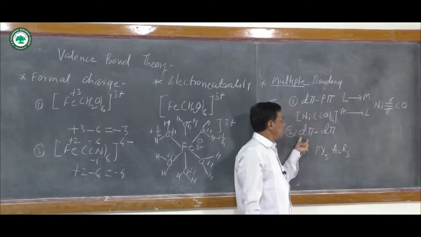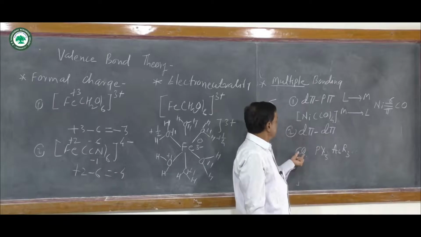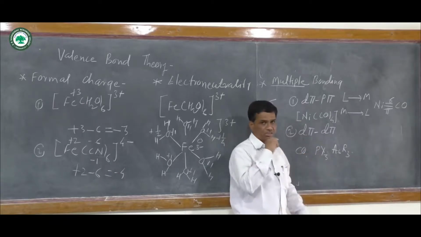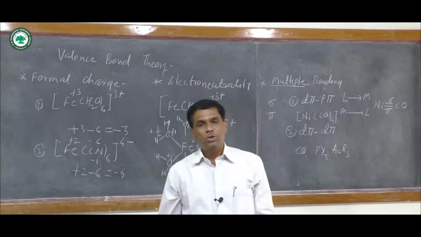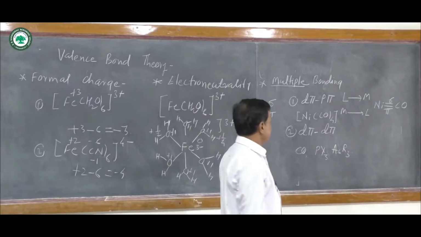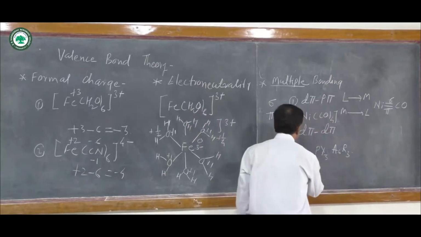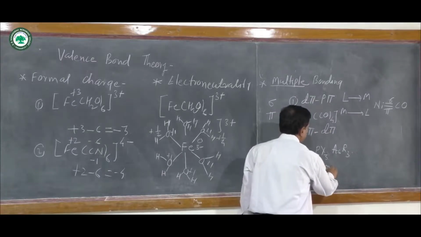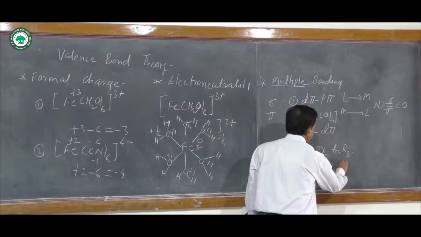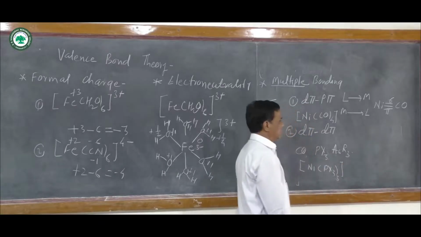Second is d pi, d pi overlap. Example is, suppose a PX3 type of ligand forms bonds with nickel, Ni, then PX3 thrice type of bonding occurs.